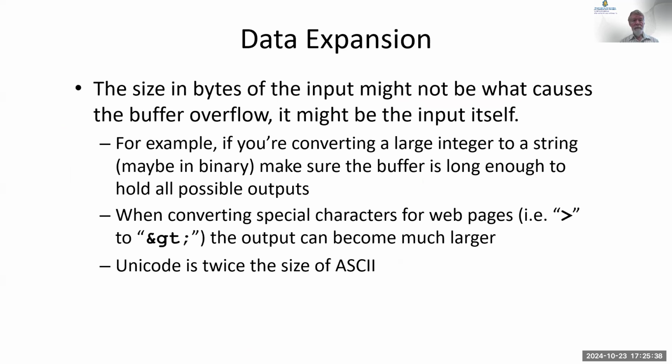Watch out for expanding things from one format to another. If you're going from ASCII to Unicode, it must be twice as big because Unicode characters are 16-bit as opposed to 8-bit characters. If you are doing HTML encoding, things will become bigger. Like in HTML encoding, the less than sign or greater than sign: greater than becomes ampersand gt something.